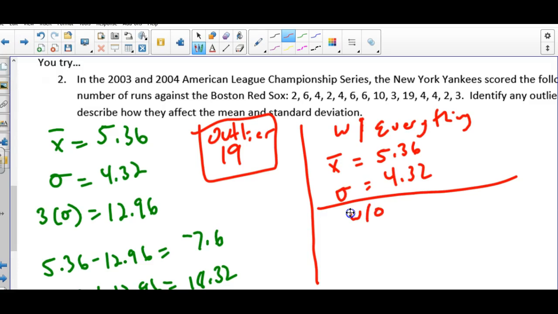Now let's look at without our outlier. If I go back to the calculator and delete 19, delete this score right here, and recalculate everything, you're going to get an X bar of 4.31, and a sigma or standard deviation of 2.16.